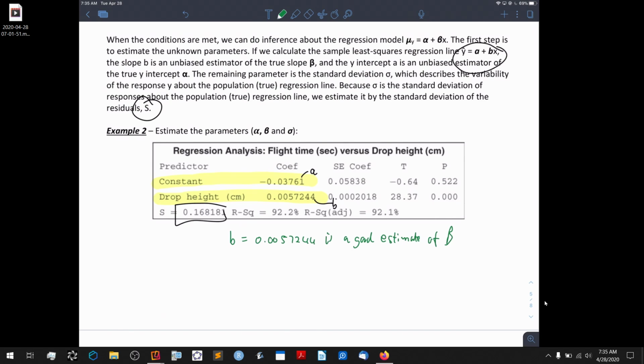Then you would say a equals negative 0.03761 is a good estimate of alpha, and we would say that s equals 0.168181 is a good estimate of sigma.